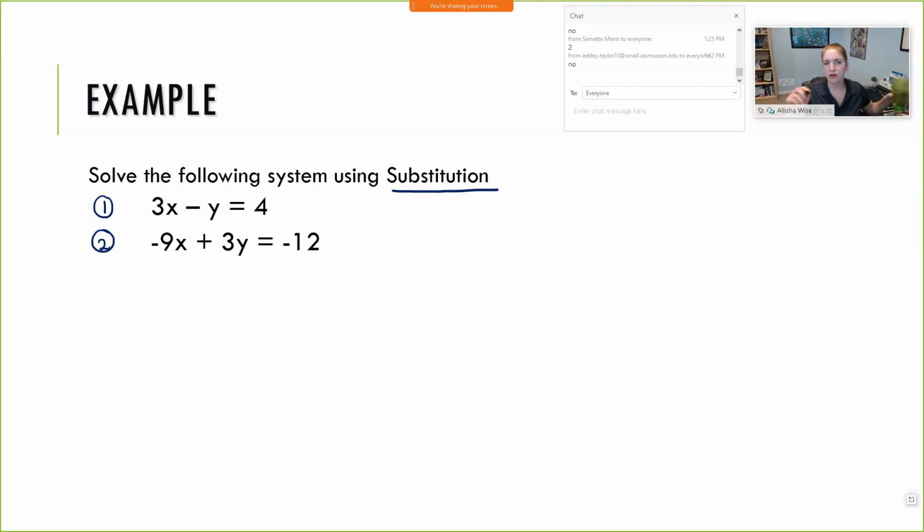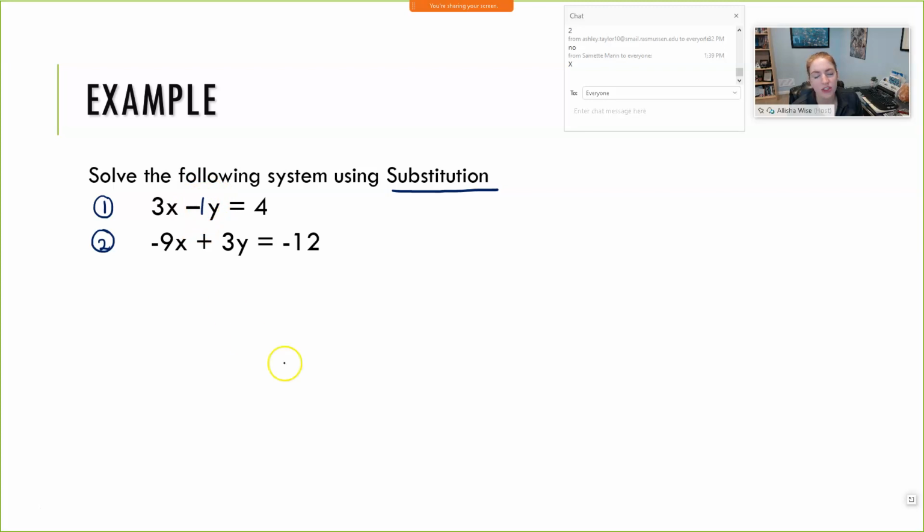Any variable out here that you're like, maybe we should solve for that one to get it by itself? So if we tried to solve for the x, we'd have to divide by that 3. And that can get tricky because it can run into fractions and stuff, and nobody wants to work with fractions, right?